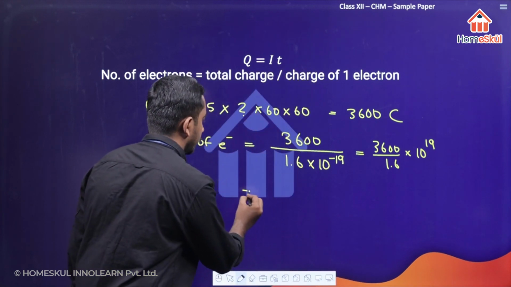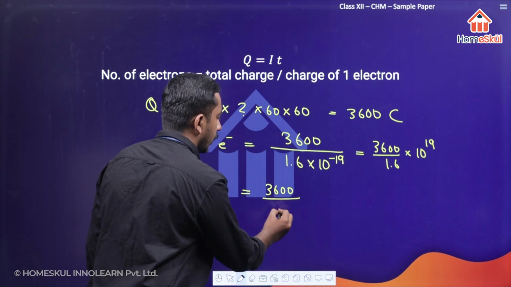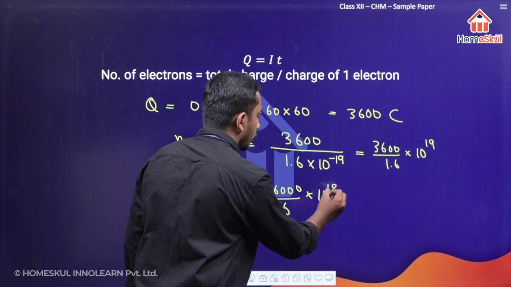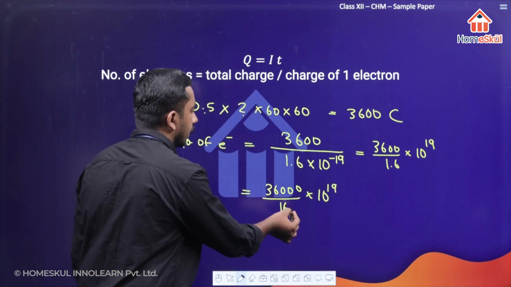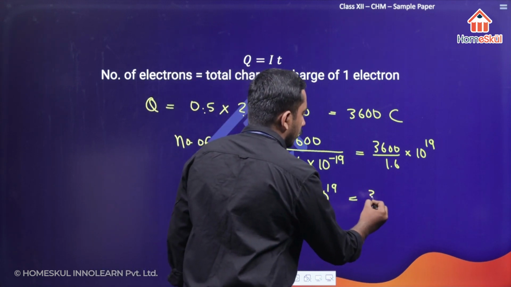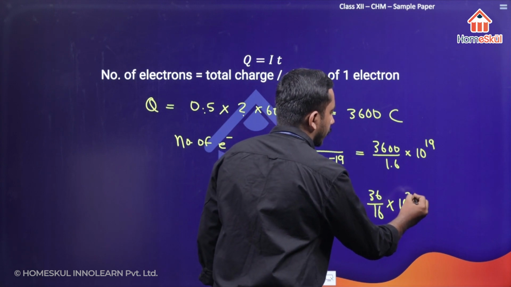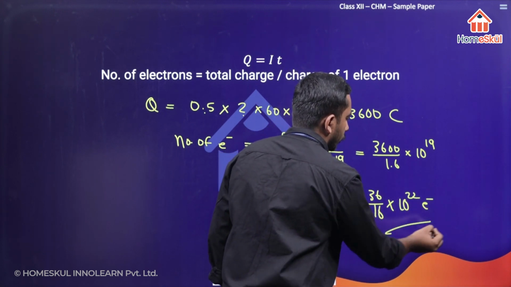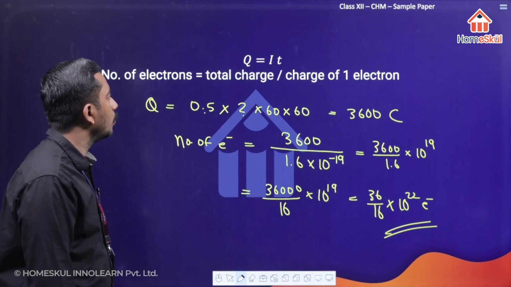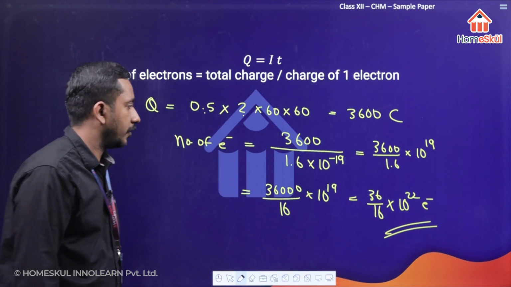So we can write divided by 16, 36,000 into 10 raised to 19. So that will give you 36 divided by 16 into 10 raised to 22 electrons. So that will be the total number of electrons that will be passing through the wire within the given period of time.